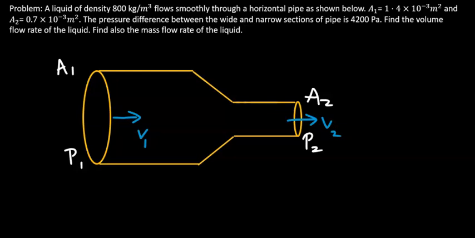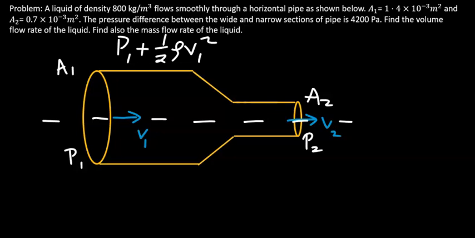So let's write down Bernoulli's equation for the system. Since this is a horizontal pipe, the two cross-sectional areas are exactly at the same level. So the Bernoulli's equation becomes P1 plus half the density of that liquid, V1 squared, equals P2 plus half ρ, or the density of the liquid, V2 squared.